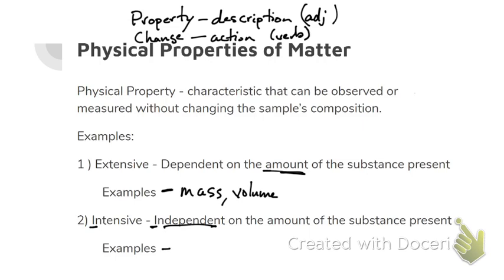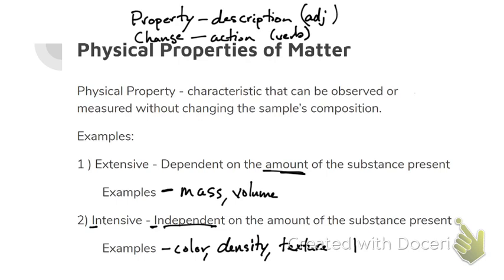Whereas intensive would be like color. If water is colorless, even if you add more and more water, it's still going to be colorless. A common example that a lot of people miss is density. Also texture. Density is the amount of particles per volume.